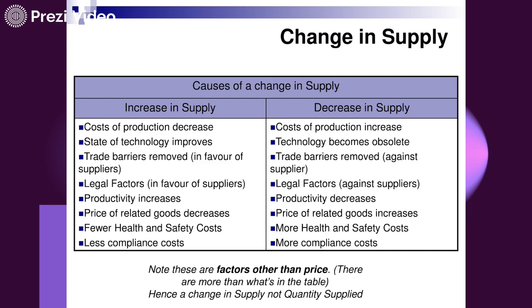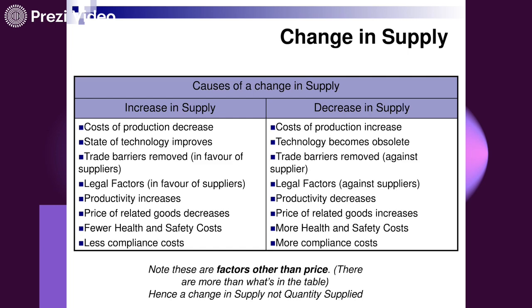So costs of production decrease. So if I was a farmer and I was selling strawberries and raspberries, and let's say, for example, my cost of production decreased because I was able to buy the seeds for cheaper.